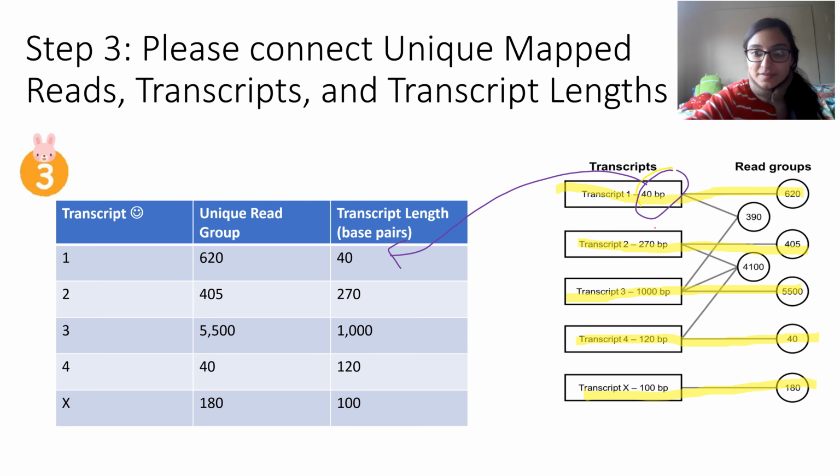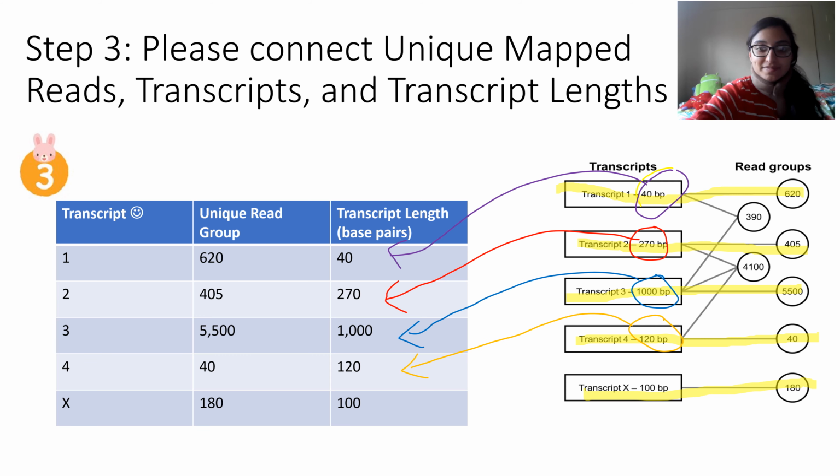This 270 for transcript 2 is here. We put the corresponding transcript lengths for each of these transcripts over here. So 120 for transcript 4 comes here, and this 100 for transcript X comes over here. So now we have the unique groups, and we also have the transcript lengths in base pairs.